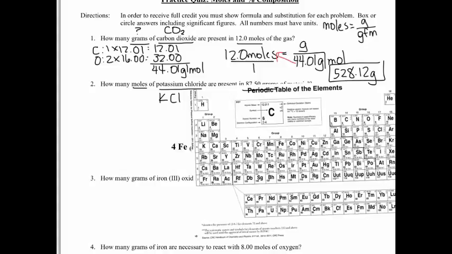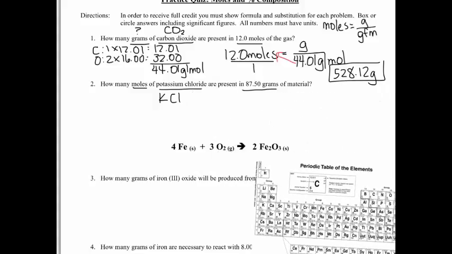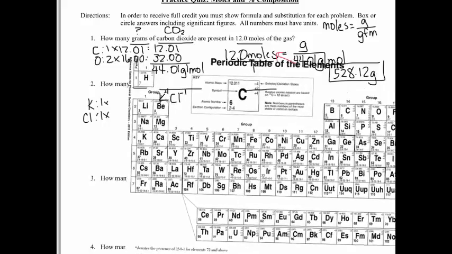Now we look up the oxidation numbers. Potassium is +1, chlorine is -1. So we're not going to be using any subscripts or anything like that in figuring out our GFM. We do, however, now need to figure out our GFM. So we have 1 potassium and 1 chlorine. So let's look up their masses.